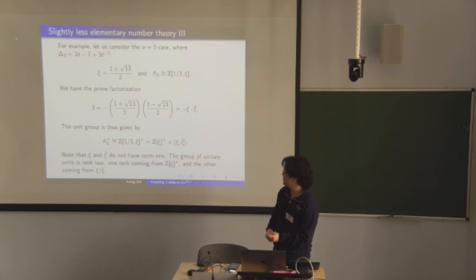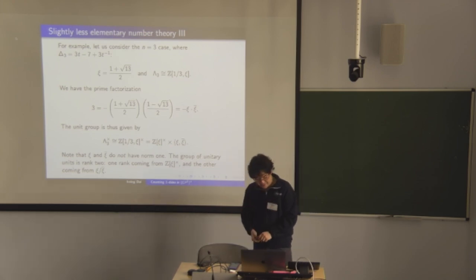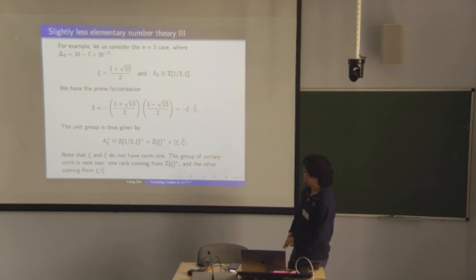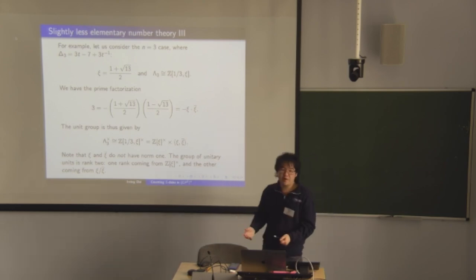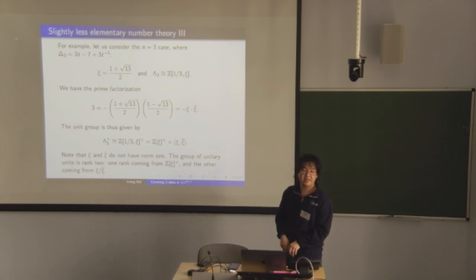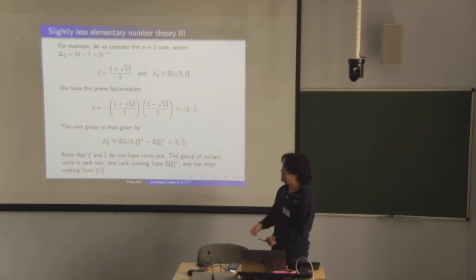The units chi and chi bar here are not unitary; the norms are not 1. However, the ratio of chi and chi bar is unitary. So the set of unitary units in this example has rank 2, 1 coming from the standard Dirichlet unit theorem, and the other coming from half the number of factors in the prime factorization of 3.